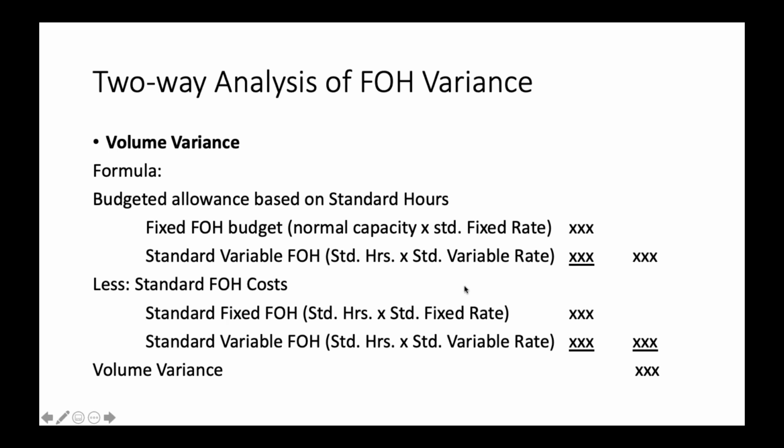This time, as you can see, we will now use the standard hours multiplied by the standard fixed rate. We have a different multiplier here, normal capacity and standard hours. This is what I'm telling you: standard hours and normal capacity are different from each other. So we will get a volume variance.